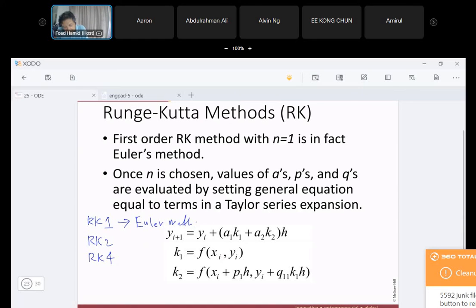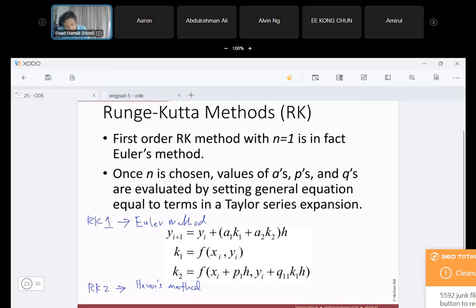So, Euler's method, and RK2. The first order RK method is equivalent to Euler's method, and the second order RK method is equivalent to, depending on the parameter that you use, Schwann's method.